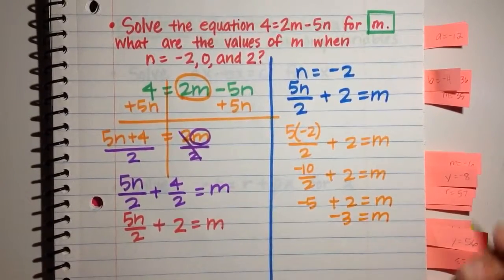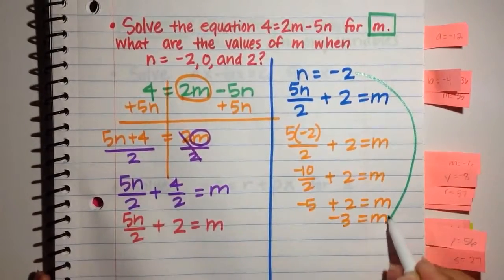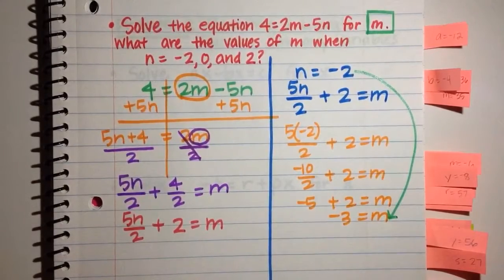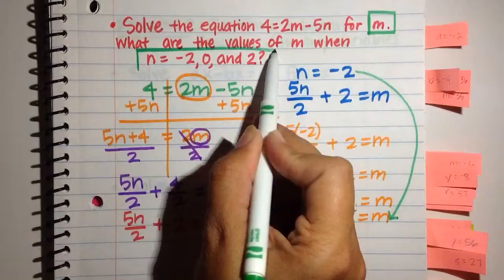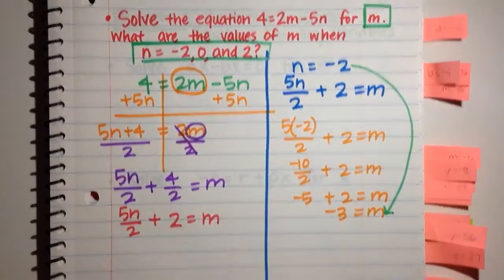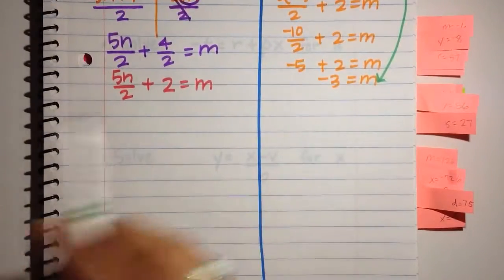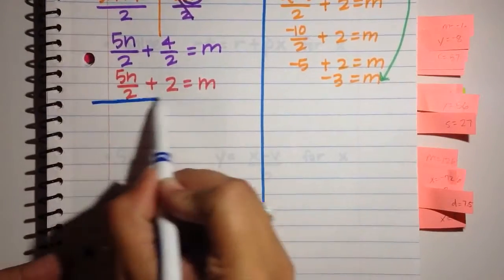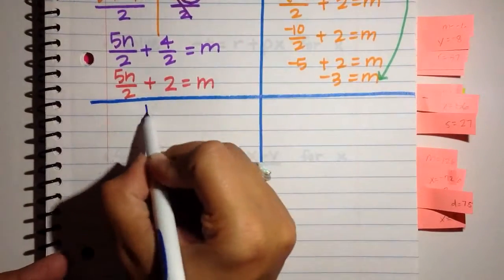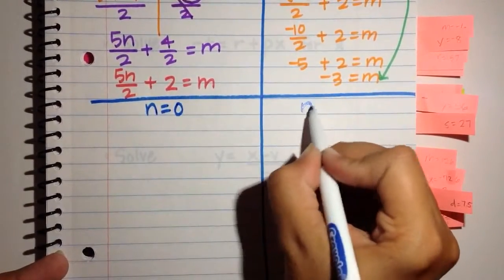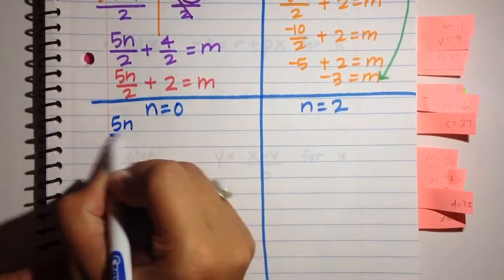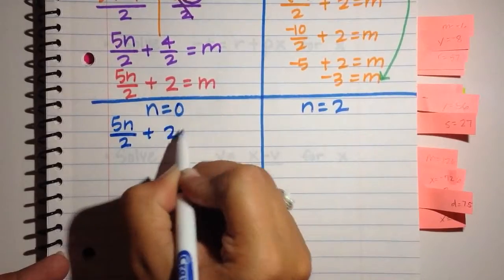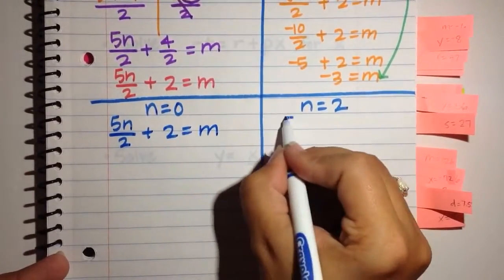So when n is negative 2, m is negative 3. Alright, I'm going to do the same thing for 0 and 2. Alright, n is 0 and n is 2. And I'm going to use the equation 5n over 2 plus 2 is equal to m.